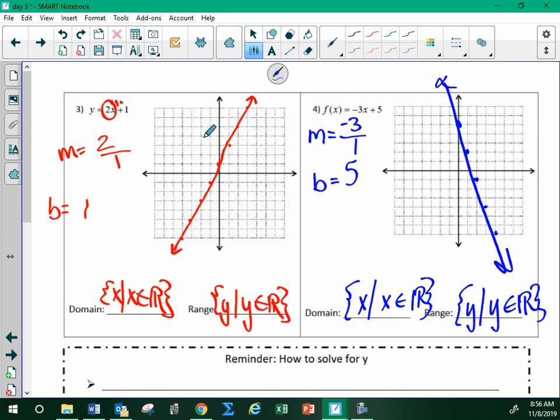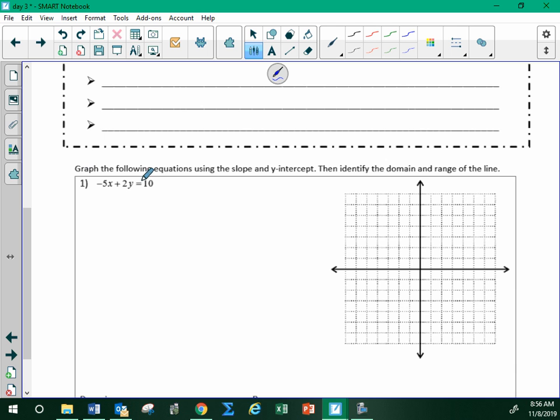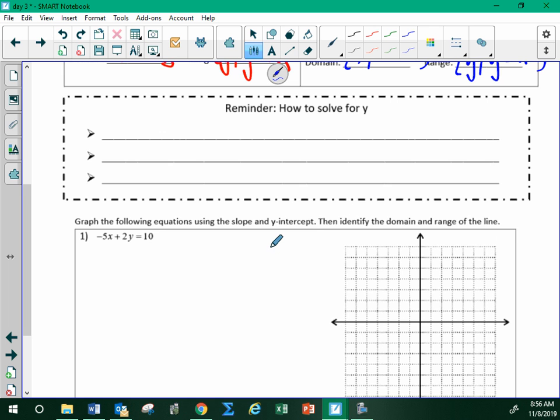All right. Questions on how to graph it when they give us the equation already in the nice y equals format? Okay. So sometimes they don't give it to us in the nice y equals format. That means we have to solve for y. That's why it was something we practiced in previous units, because we needed it for this moment here. So just a reminder of how to solve for y, because we want to get y by itself.